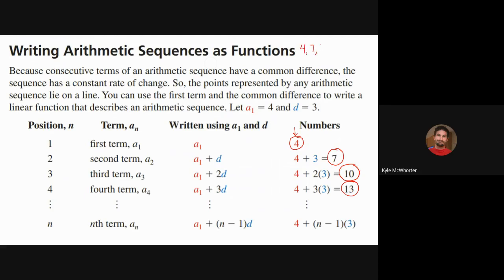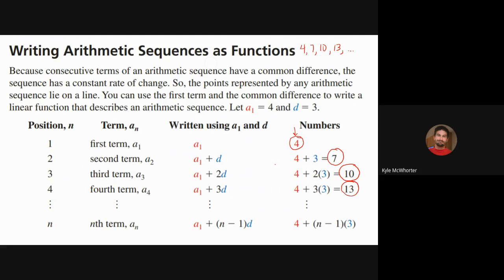So what we want to say is, can we come up with a formula for that, where we can say, all right, well, way down the road, what's the 25th term going to be?